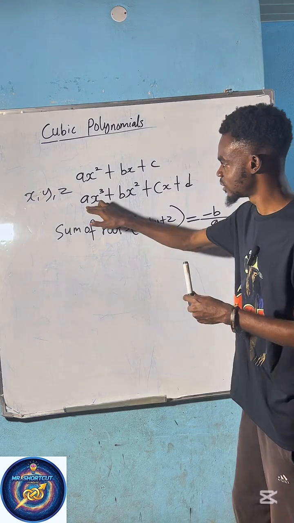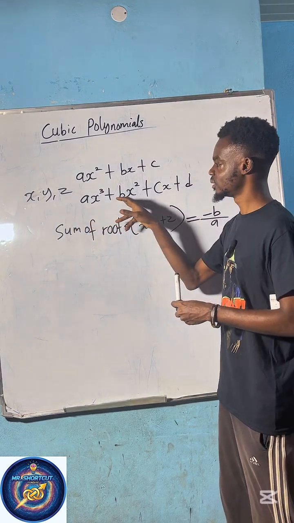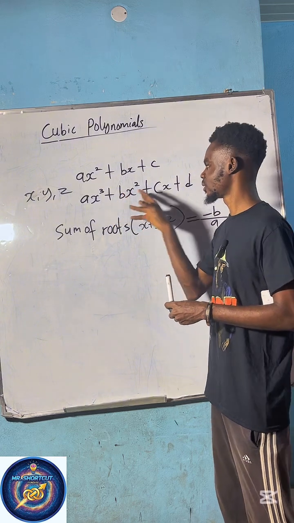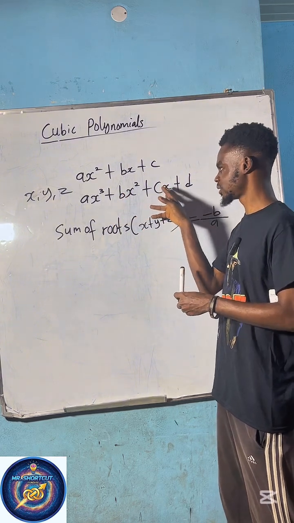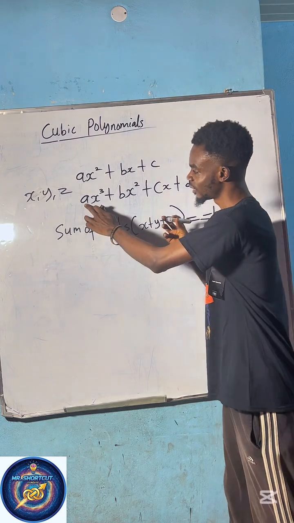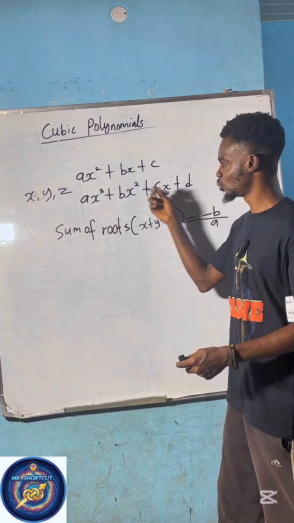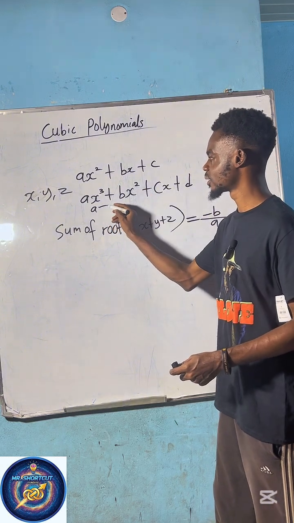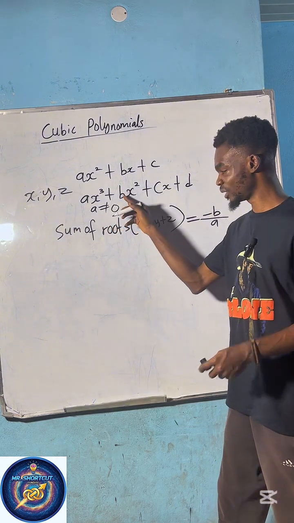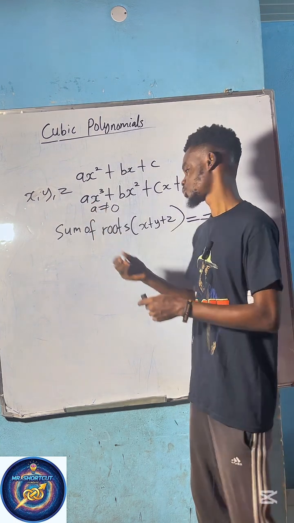So when we consider this expression, this is the coefficient of this first term, this is the coefficient of the second term, and c is the coefficient of this x, and then this d is the constant. And don't forget that a can never be 0. So when we express this cubic polynomial, we note that a can never be 0, but b can be 0, c can be 0, d can be 0, but a can never be 0.